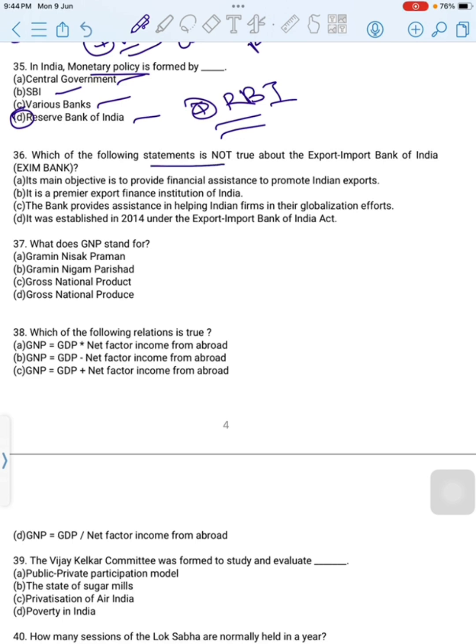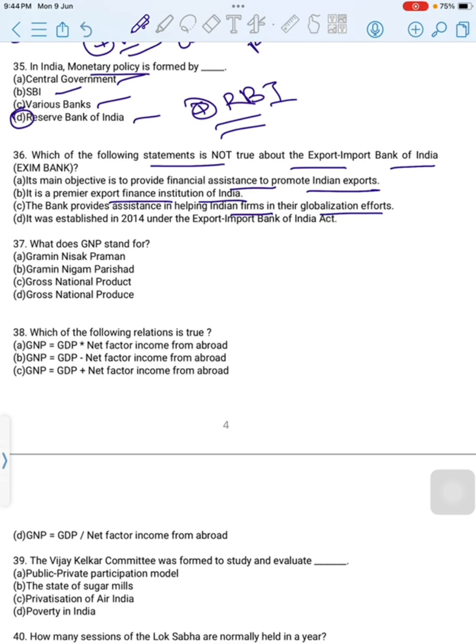Which of the following statements is not true about the Export-Import Bank of India, Exim Bank? First option is its main objective is to provide financial assistance to promote Indian exports. Second option is it is a premier export finance institution of India. Third option is the bank provides assistance in helping Indian firms in their globalization efforts.